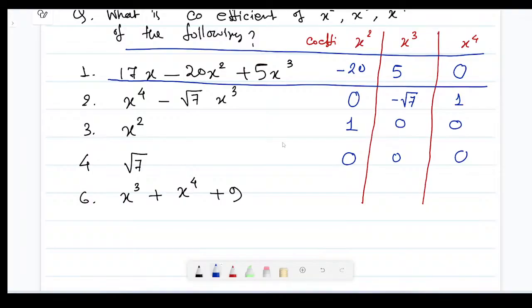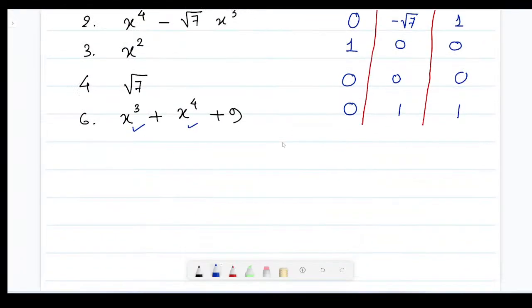Okay, here we get two terms, x to the power 3 and x to the power 4. So this will be 1 and 1, and there is no term of x to the power 2, so this will be 0. Okay.